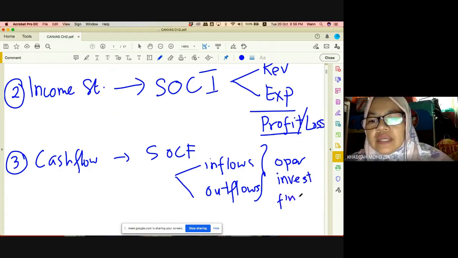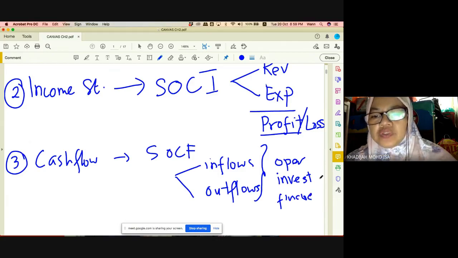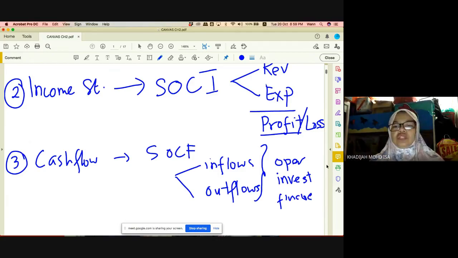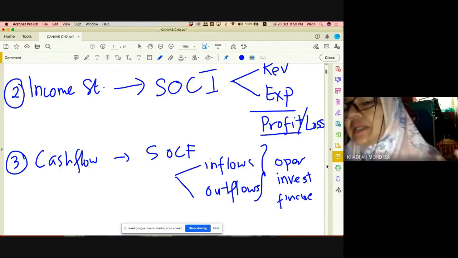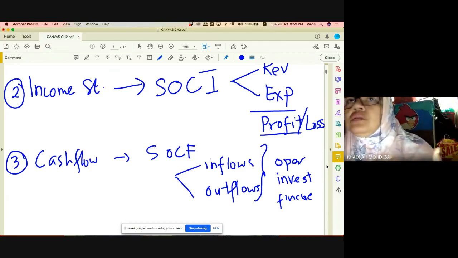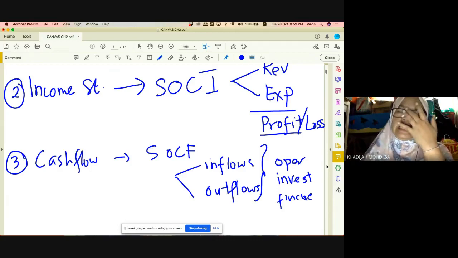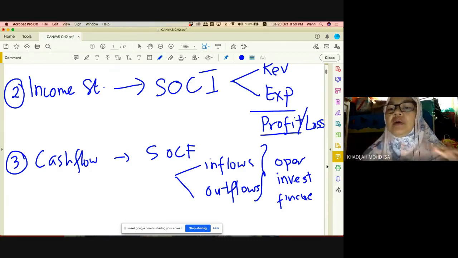You want to look at the company's cash position with regard to operating, how much you pay for the operation of the business. Operation is all about buying and selling, all that is your operation. Investment is how much the company purchases.